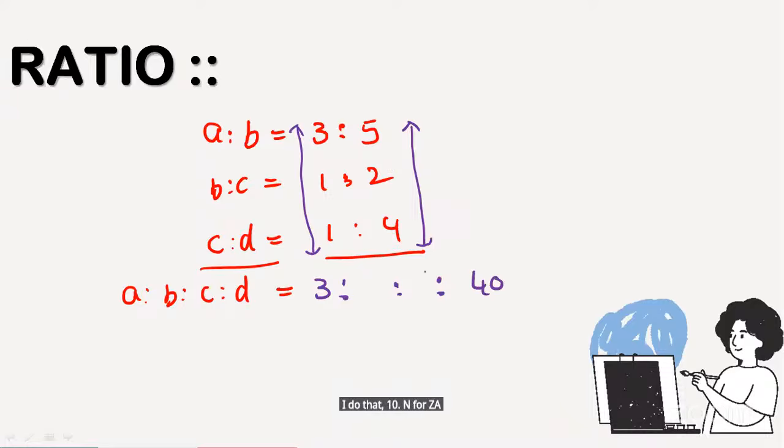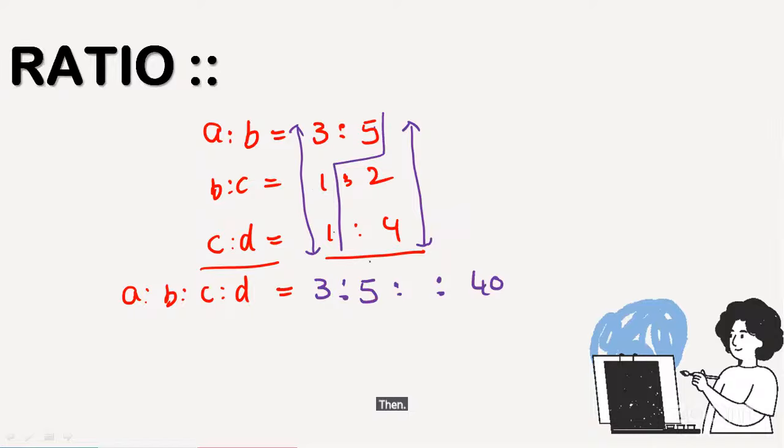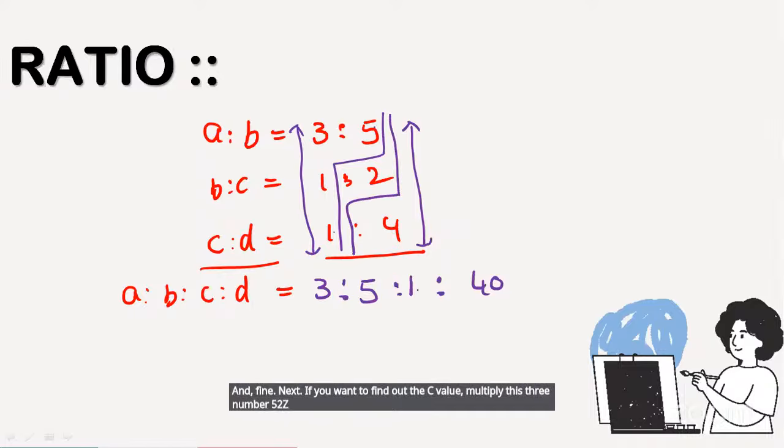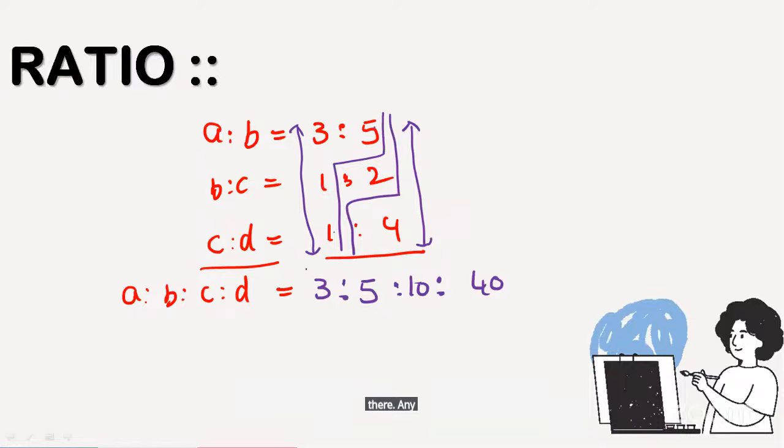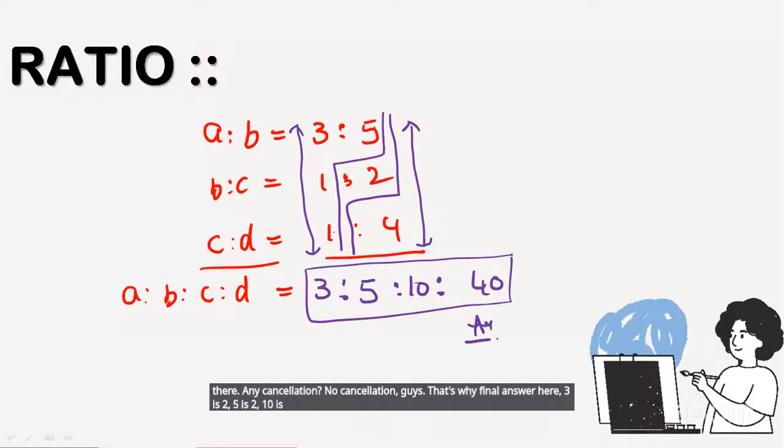Next, if you want to find the B value, multiply these two numbers: 5 into 1 into 5? Then 5. Next, if you want to find the C value, multiply these 3 numbers: 5 2s are 10, 10 into 1, 10. Any cancellation? No cancellation, guys. That's why the final answer here is 3 is to 5 is to 10 is to 40.